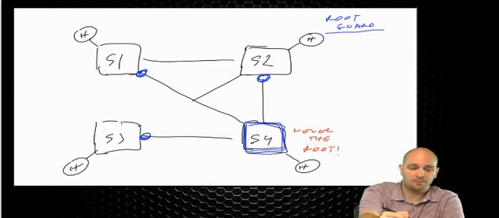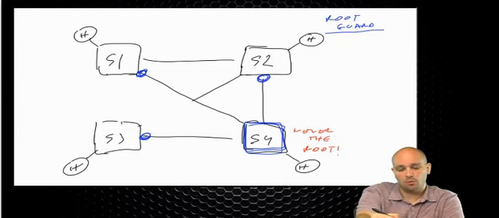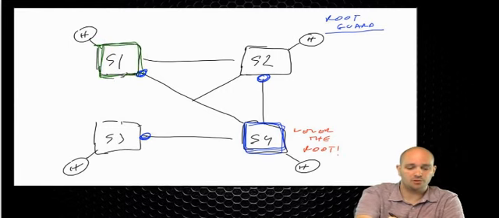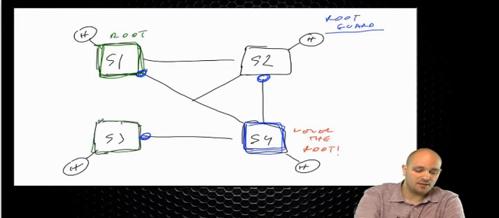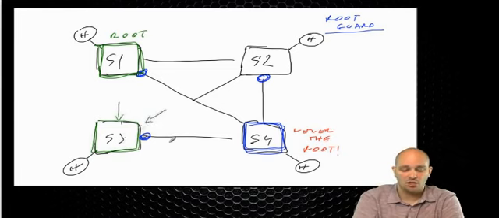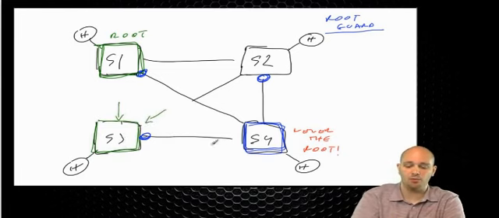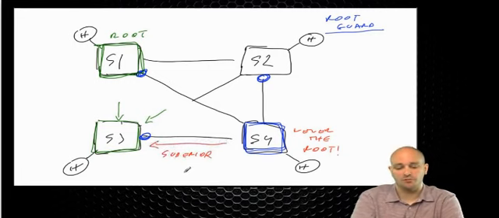Again, our network is now very, very different than it was. Switch 1 may be the root. So let's say that we made sure that switch 1 is the root. Now, switch 3 lost the BPDU it had on this interface here, and lost the BPDU it had on this interface here. So the only valid BPDU it will be receiving will be a superior BPDU arriving from switch 4.